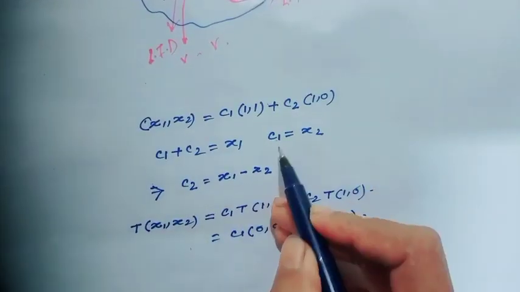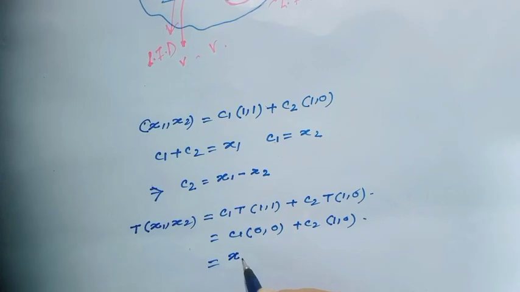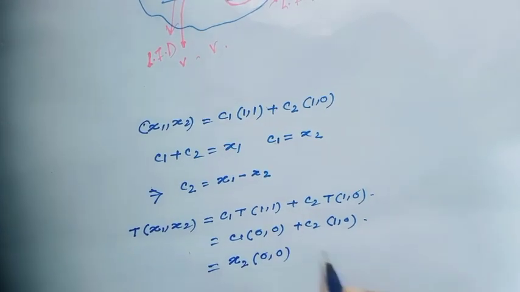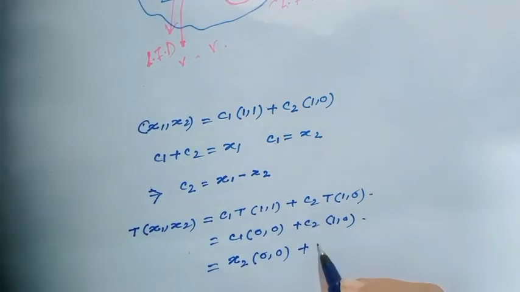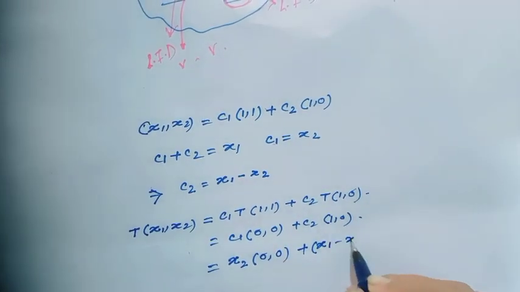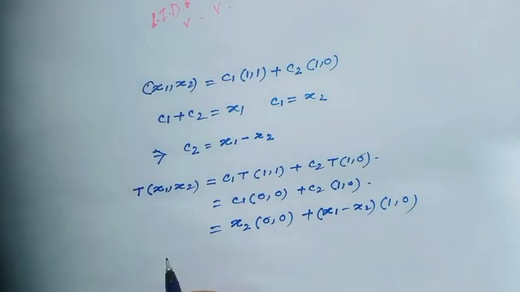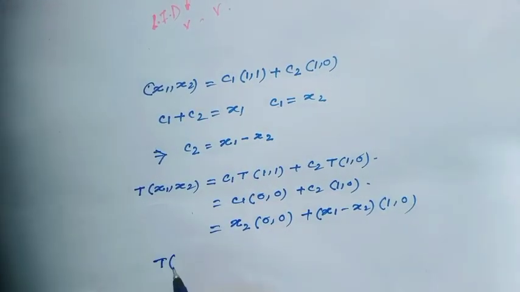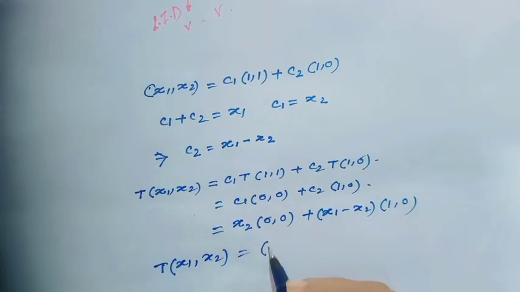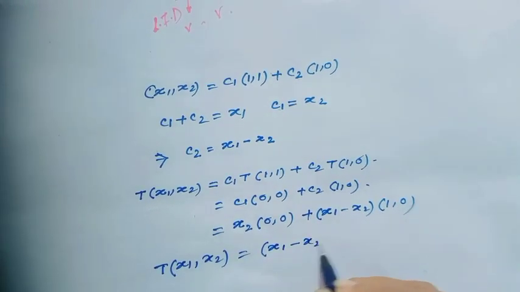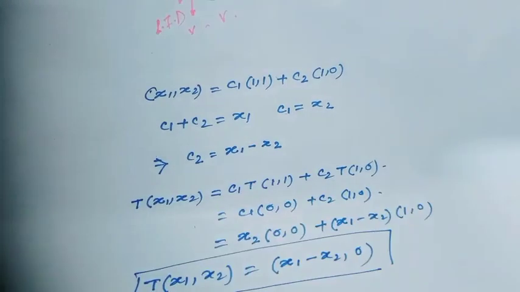Now put the value of C1 and C2 here: x2 times (0,0), and the value of C2 here would be (x1 minus x2) times (1,0). That means T of (x1, x2) equals (x1 minus x2, 0). Have you understood this linear transformation?